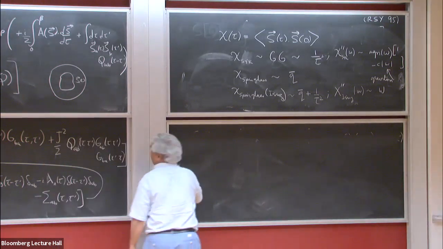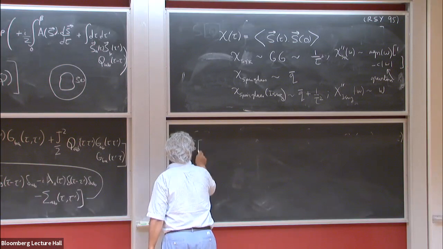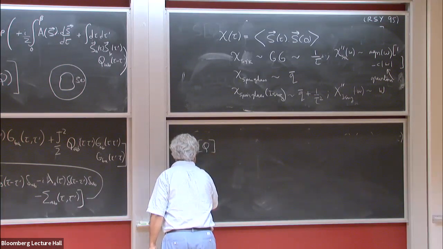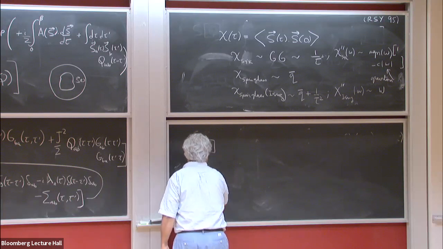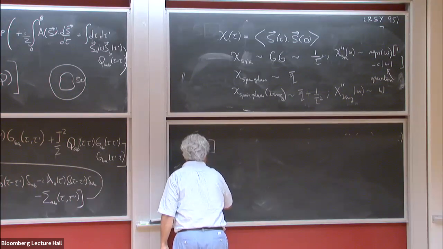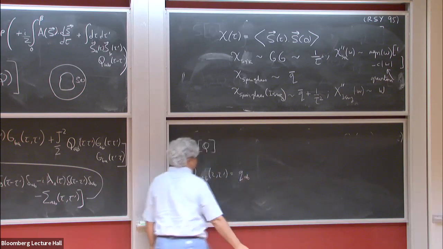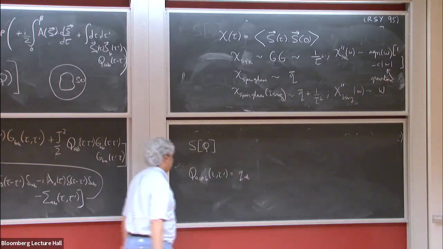So if you look at the S of Q, and now I'm going to take Q_AB for A not equal to B, of tau, tau prime. I'm just going to call it little q_AB, which is what it is in the classical theory, because it's independent of tau.